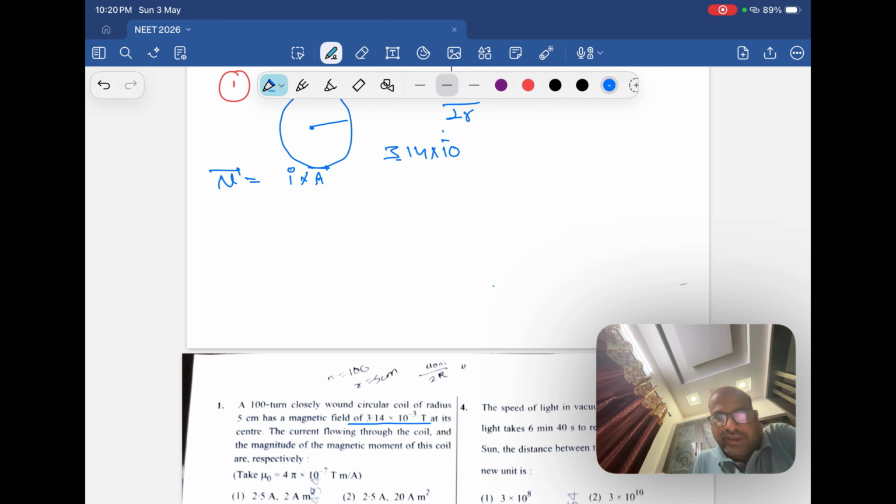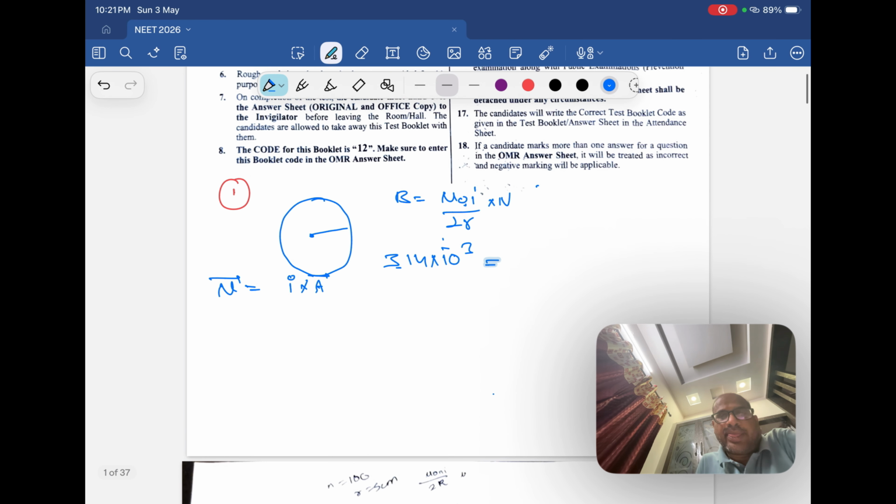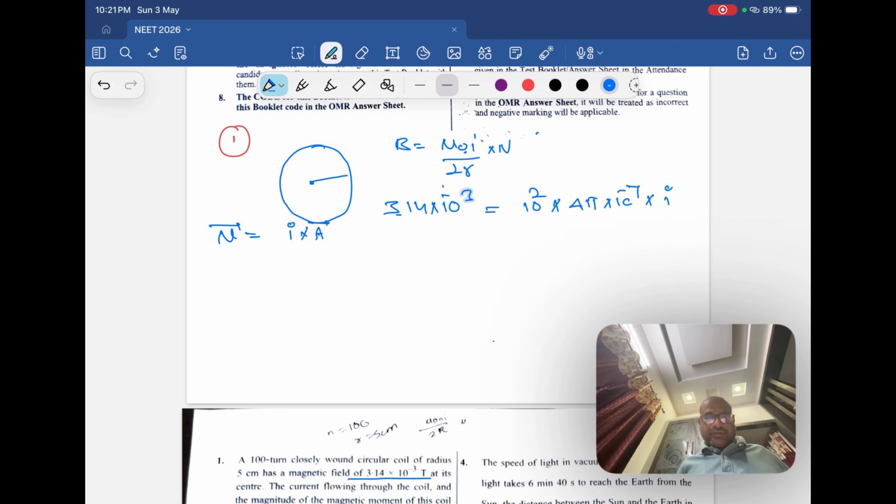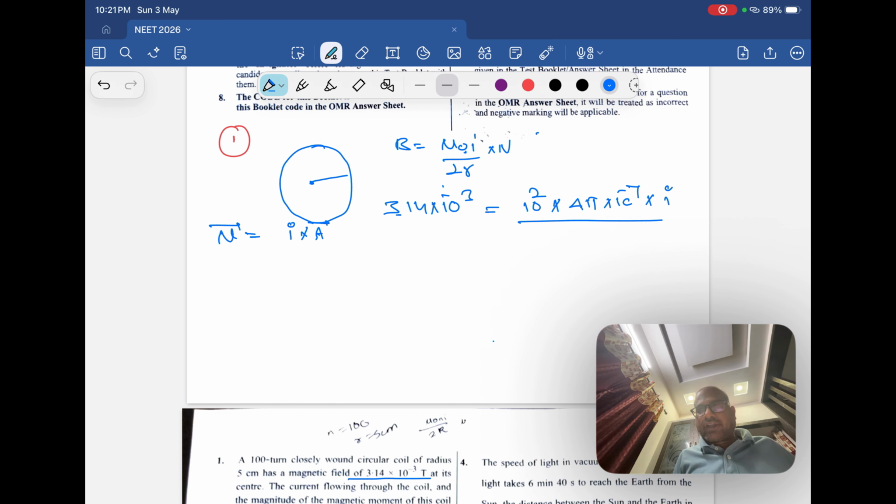The field value is 3.14 into 10 power minus 3 Tesla, which is equal to B. n is 100 and mu naught is 4 pi into 10 power minus 7, and the current value we have to calculate. So mu naught into n into I by 2 into r. The radius of the coil is given as 5 centimeter.